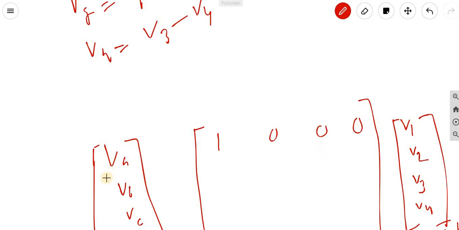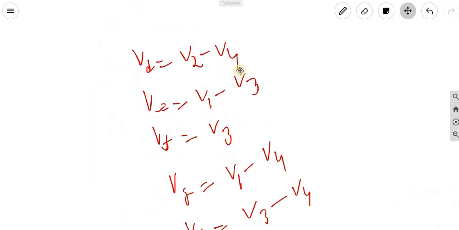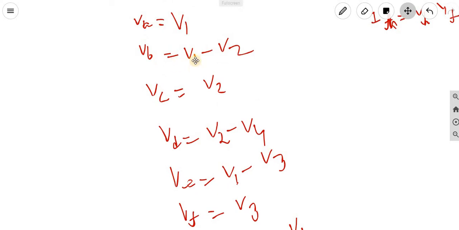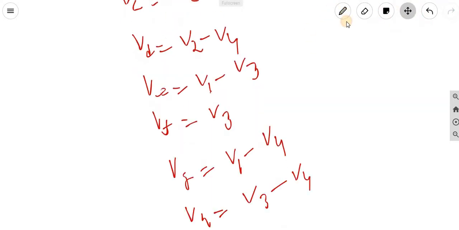Okay, so the first element for VA, other elements are 0. So for VB, 1 and minus 1.